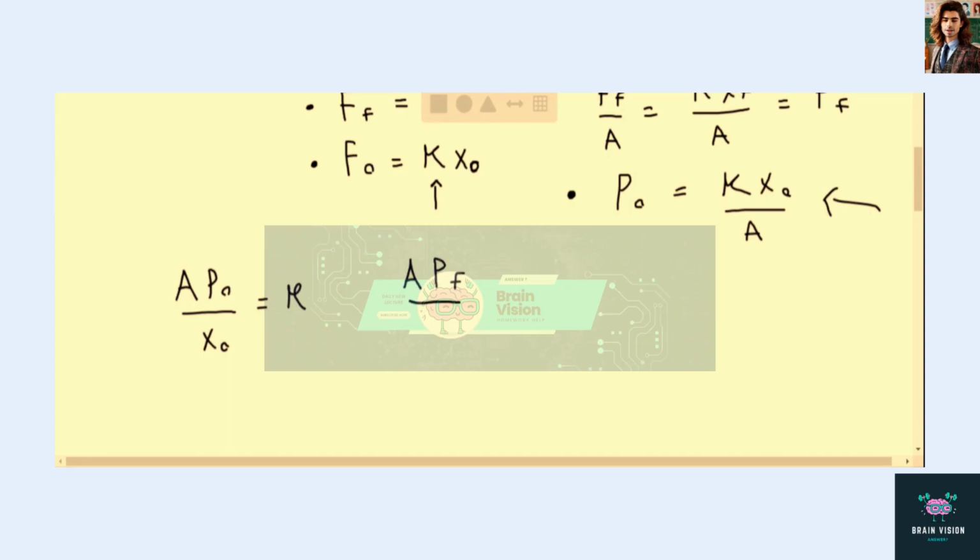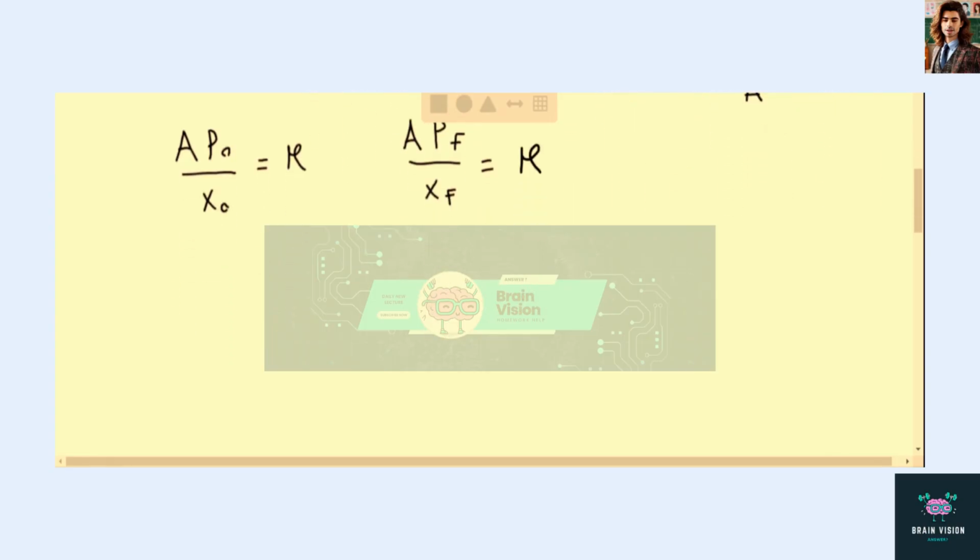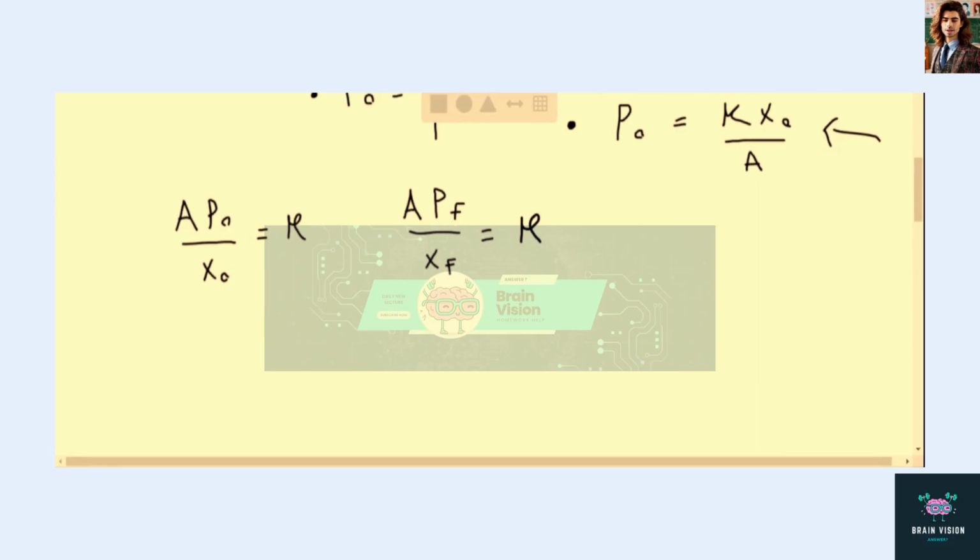A times P final over X final is equal to K. So we can set these equal to each other since they're both equal to K. It's the same spring constant for both scenarios. And we'll have A P naught over X naught equals A P final over X final. So our A's cancel out because those are the same for both situations. And we have this nice little relationship between the initial and final pressure and the initial and final displacements.